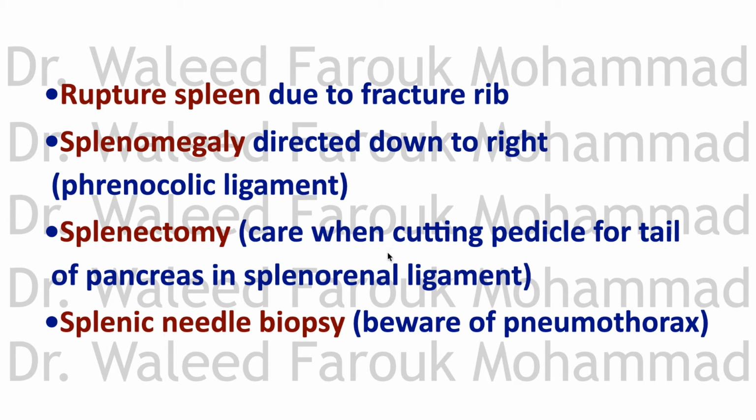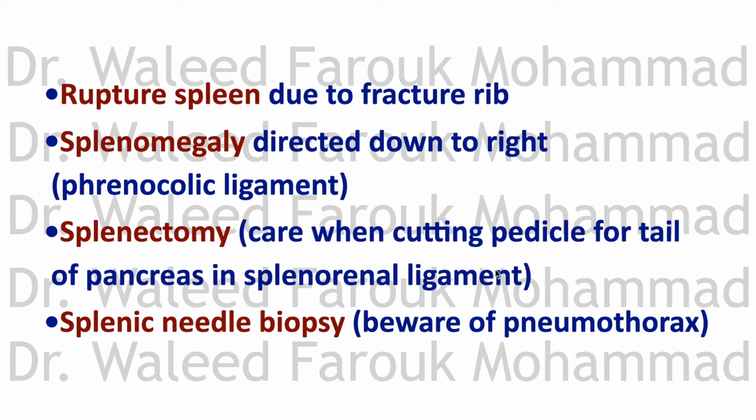And also, since it's related to ribs 9, 10, 11, you expect lateral to the spleen, the costal surface, the convex surface of the spleen, to be related to the diaphragm, then to the costodiaphragmatic recess. And above it is the lung.